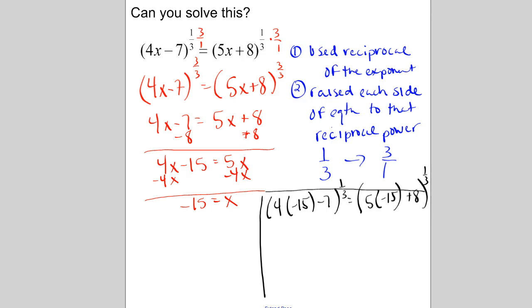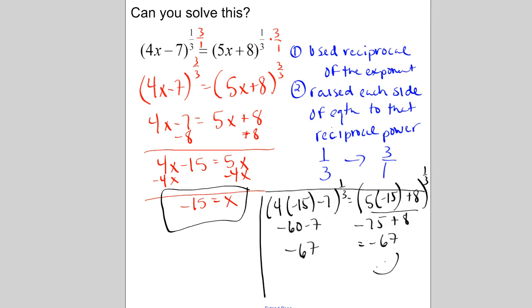So on this side, 4 times negative 15, isn't that a negative 60? Negative 60 minus 7 is a negative 67. I really want this number on this side to be negative 67. So 5 times negative 15 is a negative 75 plus 8, and negative 75 plus 8 equals a negative 67. So I can say that x equals negative 15 is the answer. So that works out.